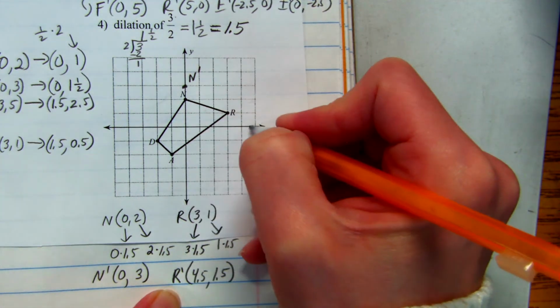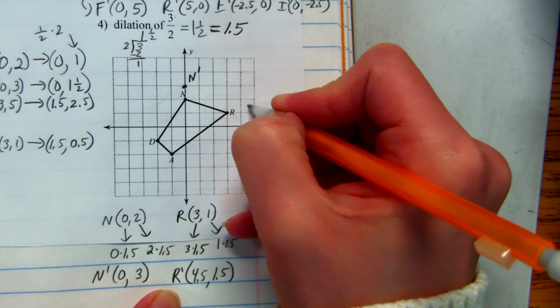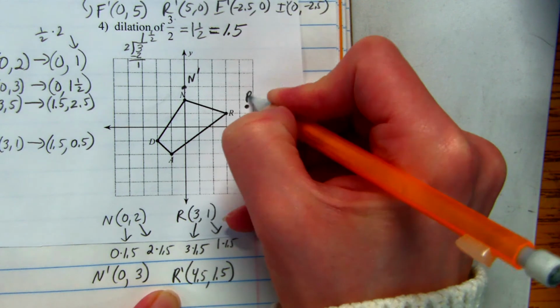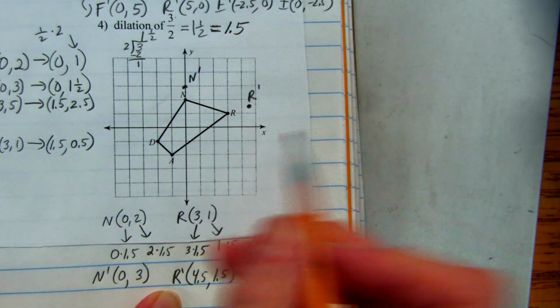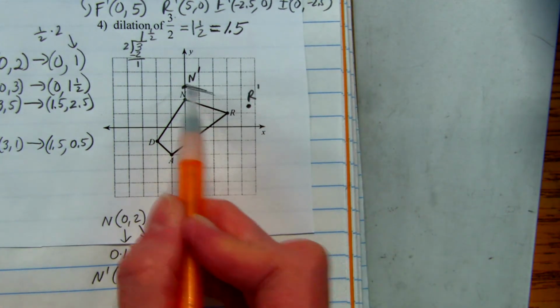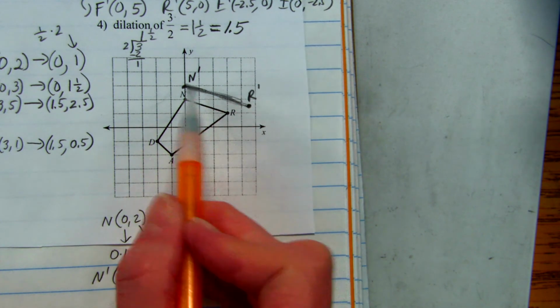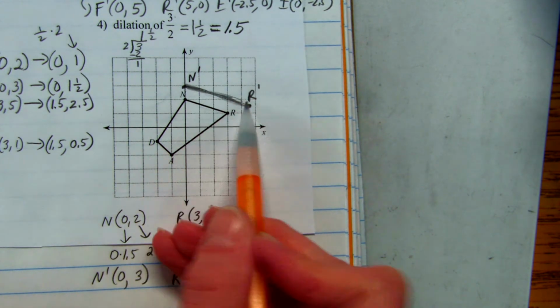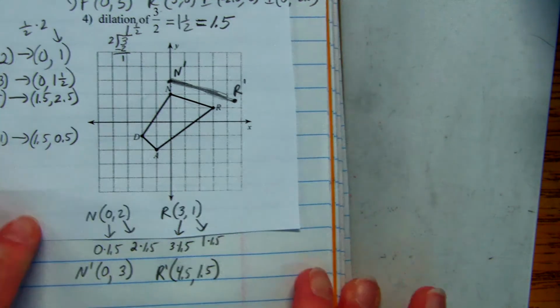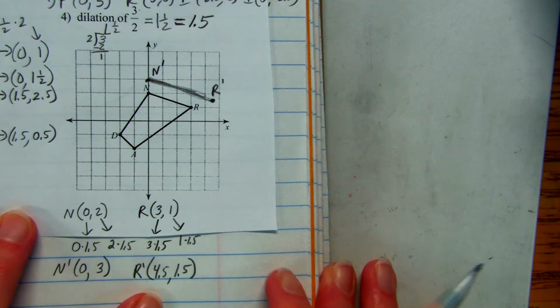So I have to go to 4.5, up to 1.5, and that would be where my r prime is. And we can connect those if you want to go ahead and start looking at it, so you can see that it has the same shape as this line. We just made it a little bit longer. It's half again as long.